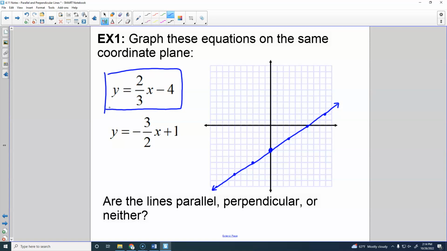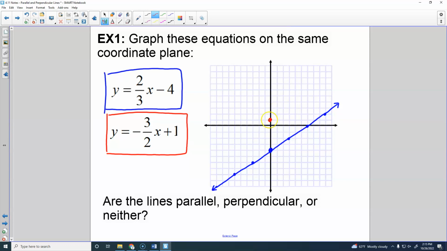Okay, so that is our graph for y equals 2/3 x minus 4. I'm going to use a different color for the second one. For the second one, Haley, what's our y-intercept? Y-intercept, that's 1. Okay, and then what is the slope, Haley?